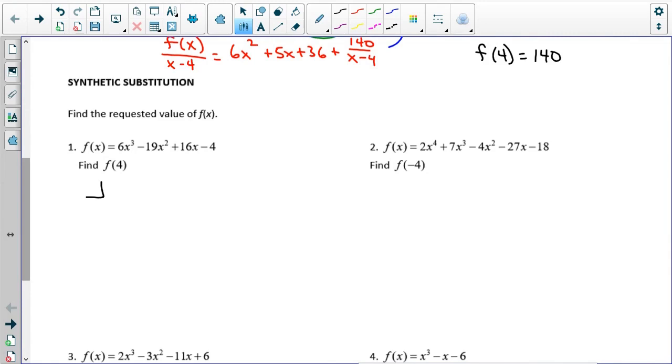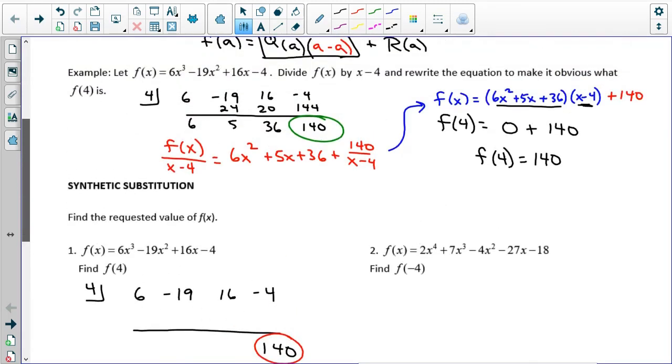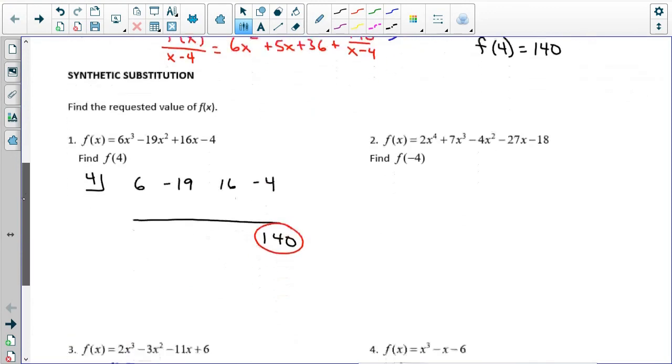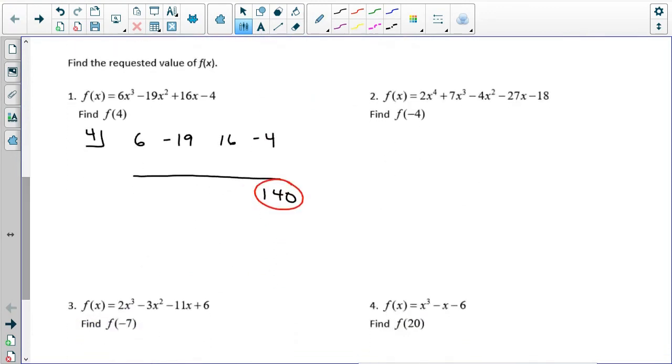So if I take problem 1 and I do all of the work, I'm going to end up with 140. The reason I know that is I just took this exact problem and I'm figuring out what would happen if I substitute 4 in. So f of 4 equals 140.